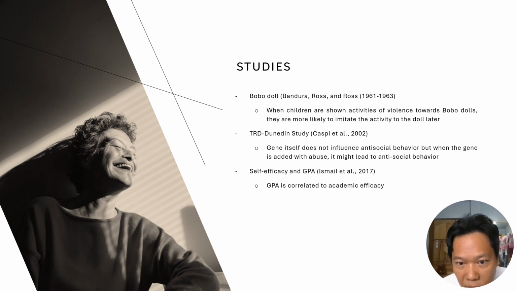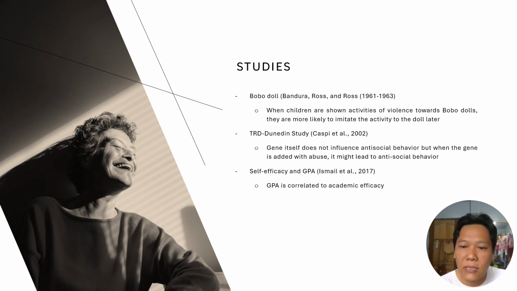Number one is the Bobo doll. The Bobo doll study was conducted in 1961 and 1963. I could say that it's one of the pioneers, in which children were placed in a room and an adult was hammering a doll, a Bobo doll, and chances are the children would do it when they are alone.